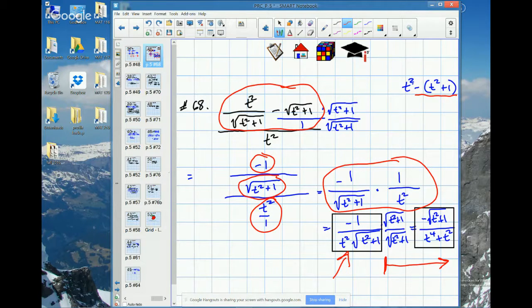The two black box answers are really the same. This is the one the book wants because there's no roots left in the denominator. Let's see, did they actually put that in the directions? I've got to look. It says simplify, but you're going to see that they don't want roots on the bottom when you look in the back. Okay, there was a lot going on there. Does anybody have a follow-up question on number 68?